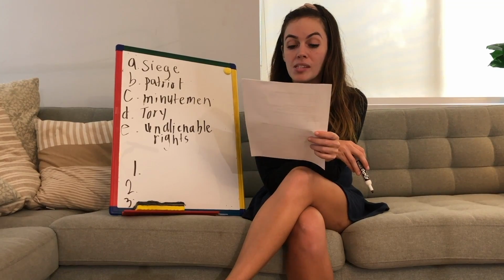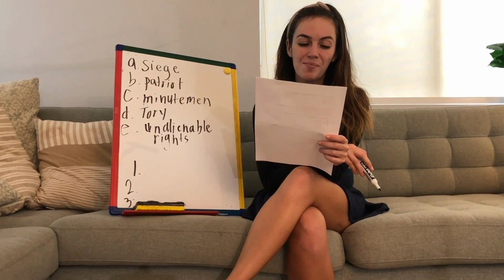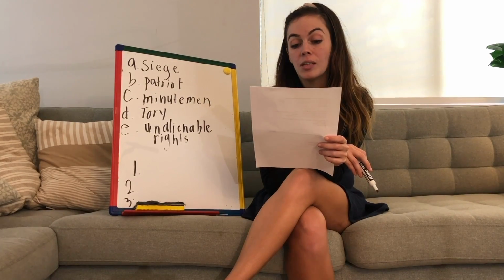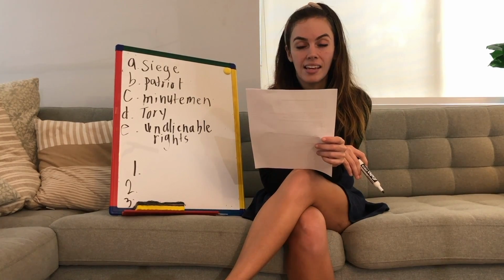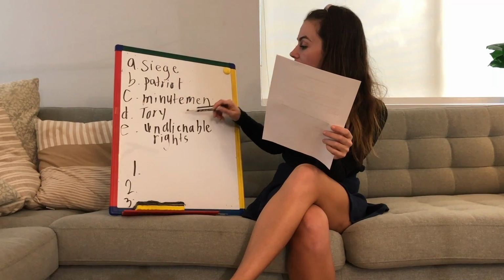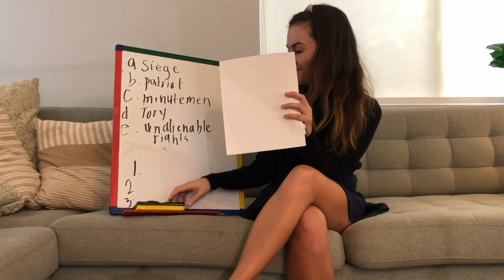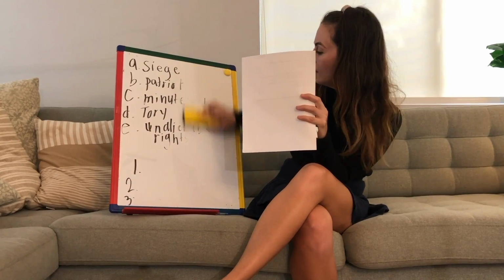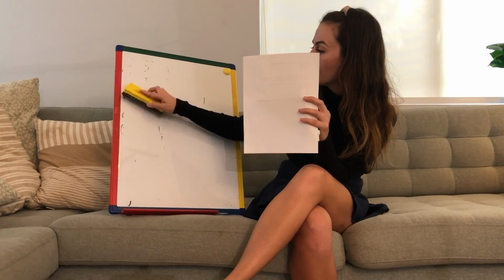Ready? Okay. Number 5: a person loyal to the American cause or the revolution against England. A, B, C, D, or E. Okay. Thank you. Alright, so you should have 1, 2, 3, 4, 5.